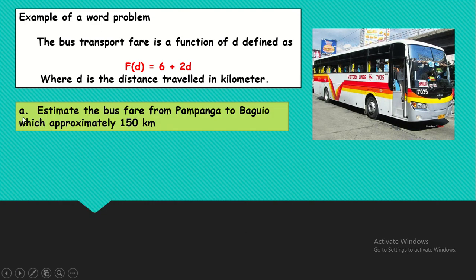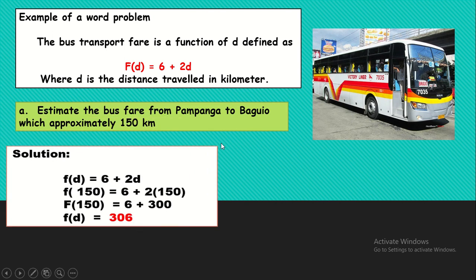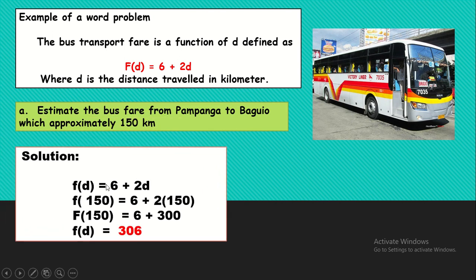So let's try to solve the first one. Estimate the bus fare from Pampanga to Baguio, which is approximately 150 kilometers. Using the function f(d) = 6 + 2d, f(150) equals 6 plus 2 times 150.